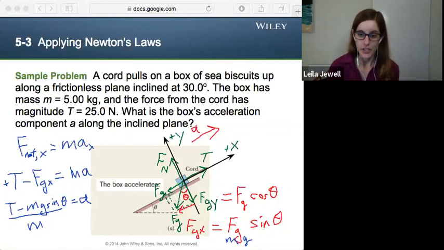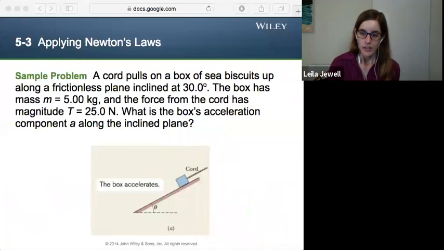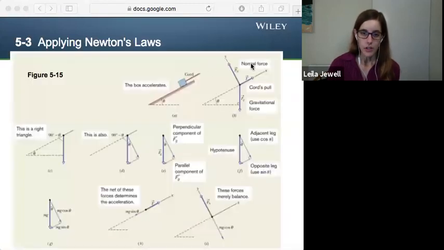And this is detailed pictorially in the next slide, where it shows all of the forces acting and how we can break the force of gravity into a perpendicular component in the y direction and a parallel component. Using the adjacent and opposite, we can connect that as mg cosine theta and mg sine theta.